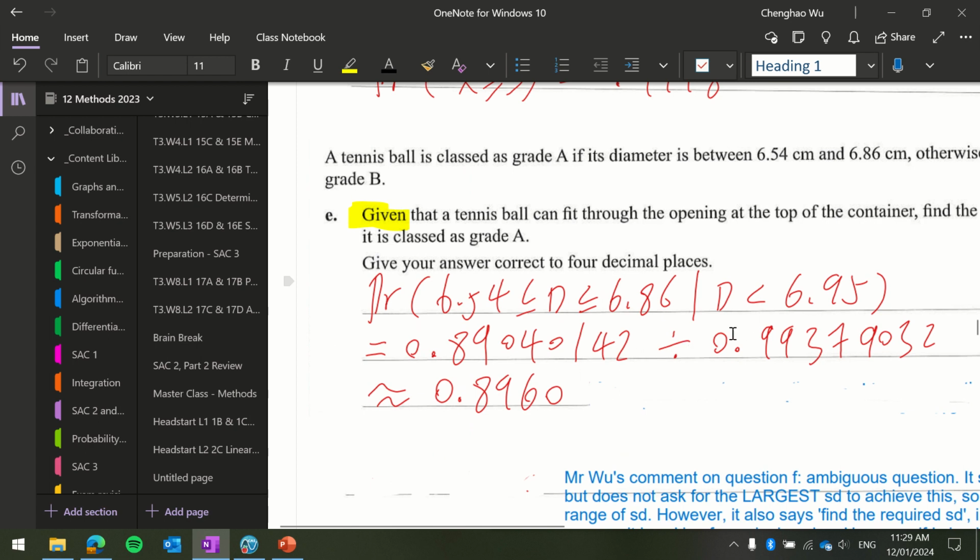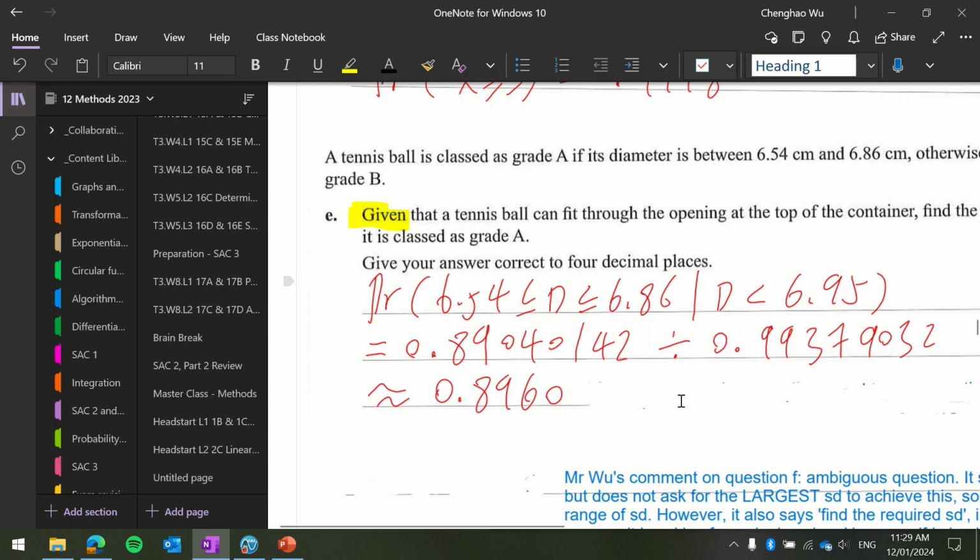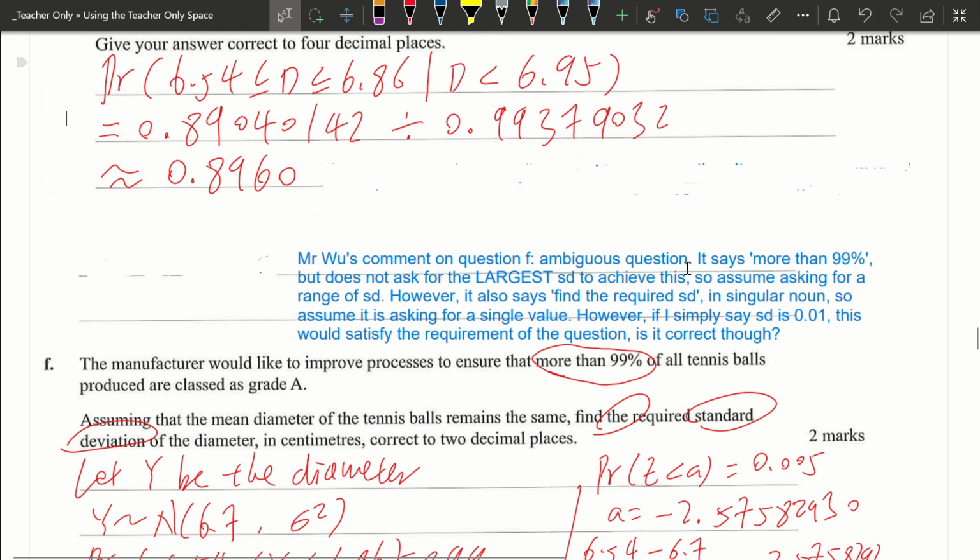Every intermediate step between your first line and your last line should not be rounded. It should be as exact as possible. And the probability of D less than 6.95 is a very similar concept, normal CDF. You get this number and you divide and you get a final answer. Okay.